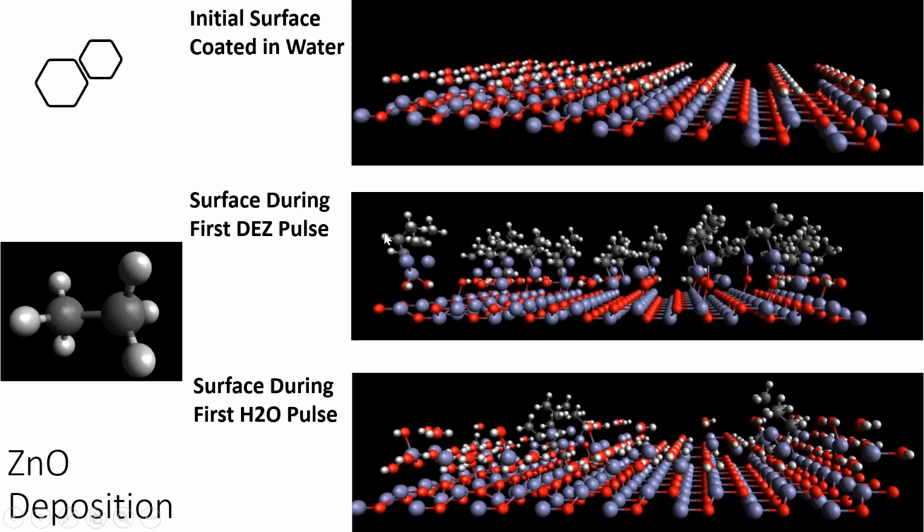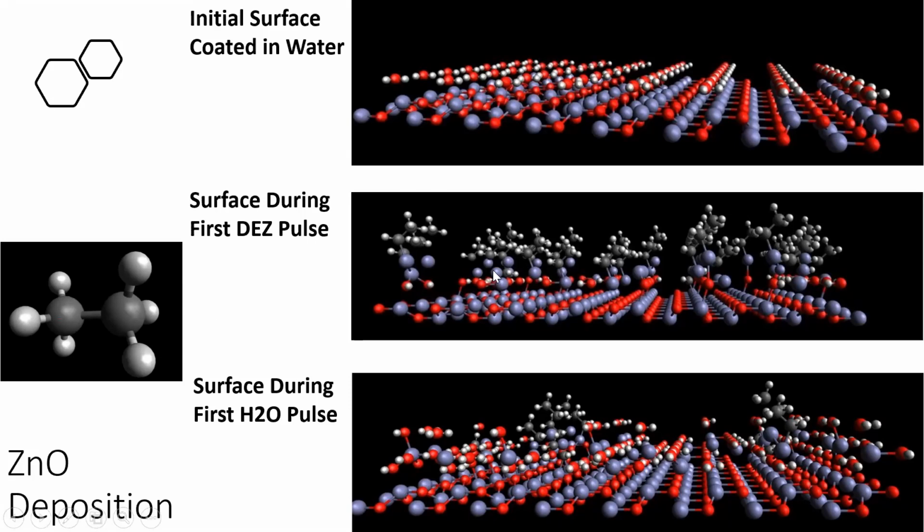What happens during the first DEZ pulse is that the DEZ will rob hydrogen from one of these water molecules. This ethyl ligand will then form ethane gas and then be released as a byproduct into the chamber. This byproduct doesn't interact with the surface, and so in our simulations we can basically just neglect it. There is no ethane.